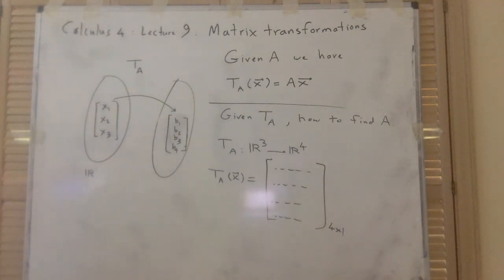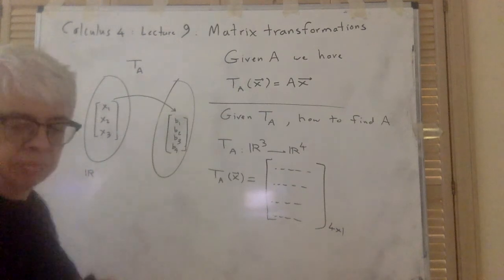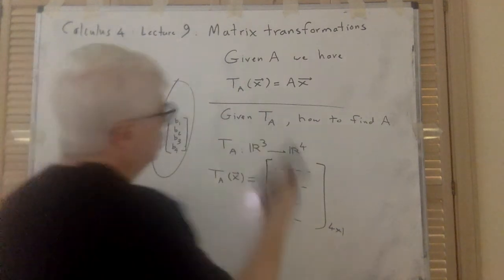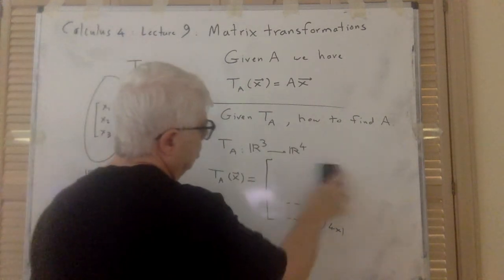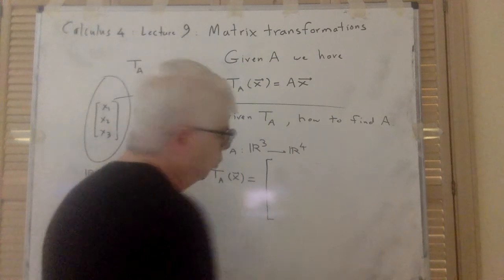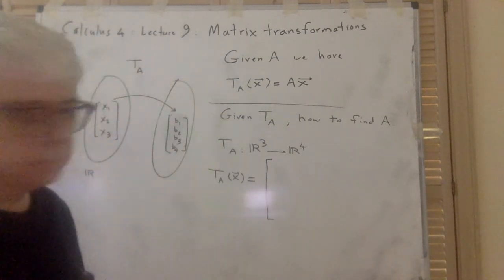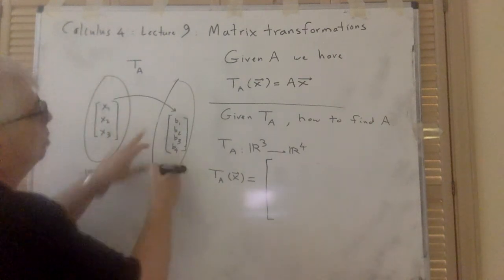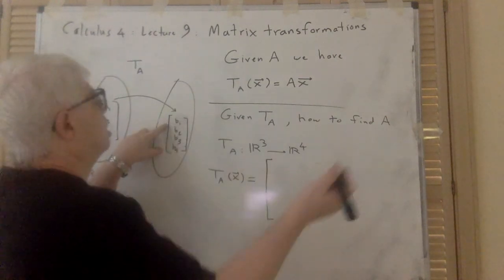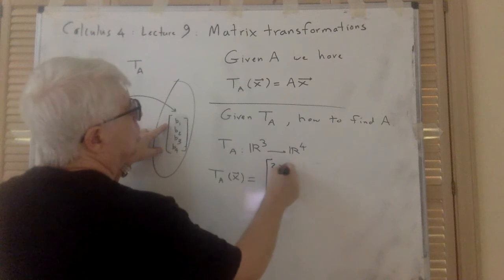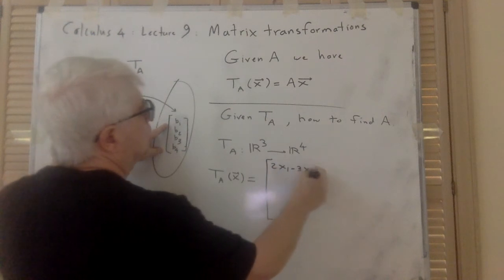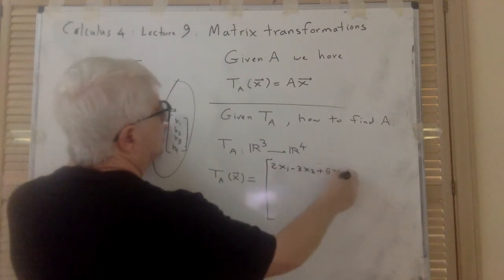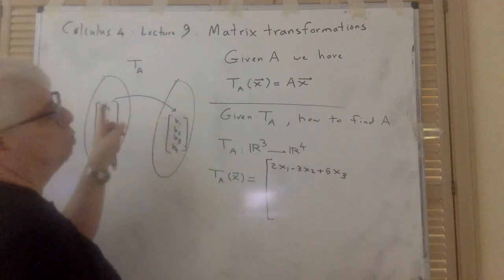So let's just write some formulas on the fly. Here I have x1, x2, x3, so the first row I can say is maybe 2x1 minus 3x2 plus 5x3. That's the B1.